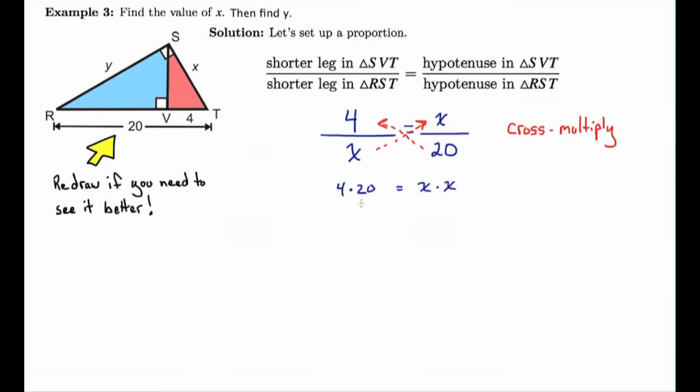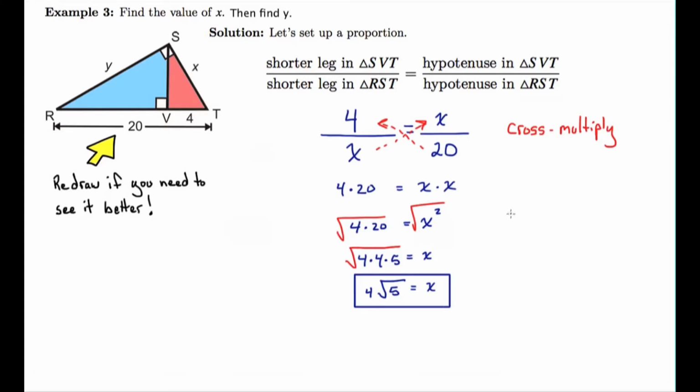So I get 4 over x equals x over 20. I can cross multiply and solve for x. So x is going to be the square root of 4 times 20, which is 4 times 4 times 5. And the square root of 4 times 4 would be 16, which is 4. My answer is 4 root 5 for x.